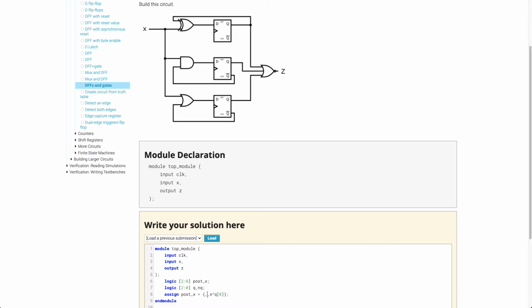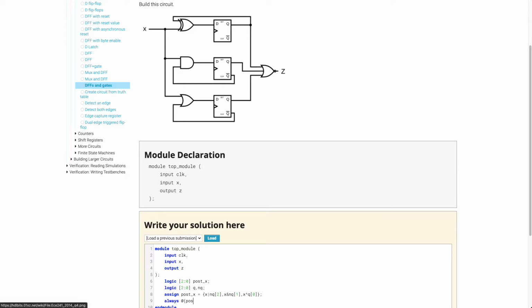And then this will be X and not Q1. And then this will be X or not Q2. So then this would be post X0, post X1, this wire. And then this will be post X2. And then what will happen is this post X is on my D pins.